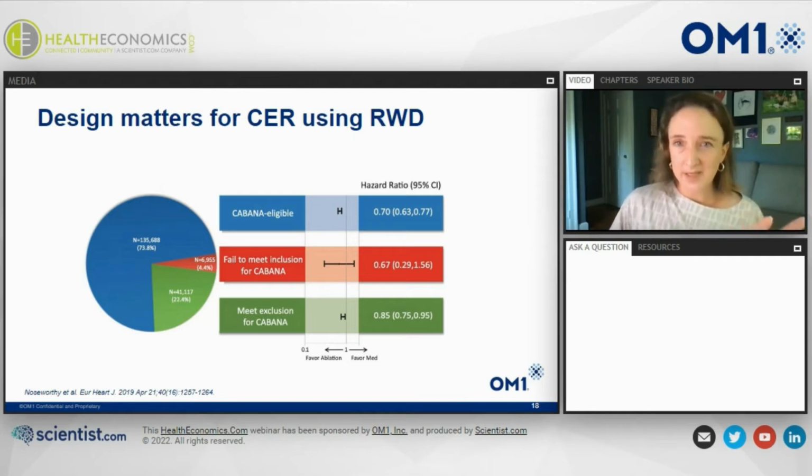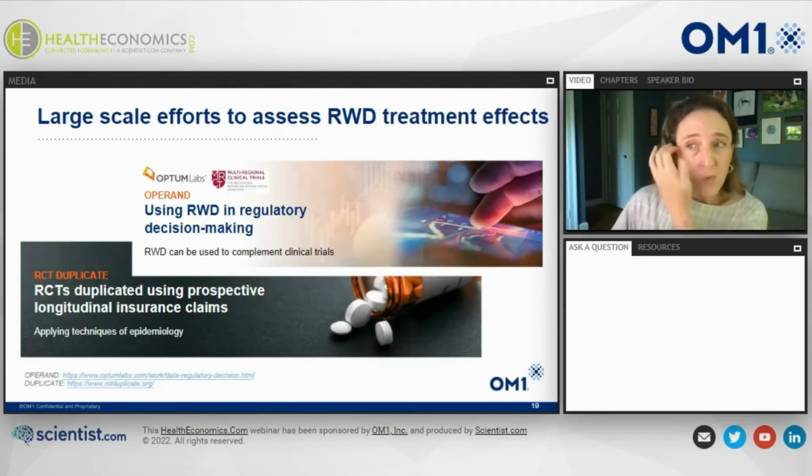Now, this CABANA study and the RWD comparator were just an N of one evaluation. But I did want to point to many ambitious and large-scale investigations that are ongoing at the moment that seek to compare or evaluate the ability of RWD-based studies to generate estimates of treatment effects, in particular in comparison to randomized trials.